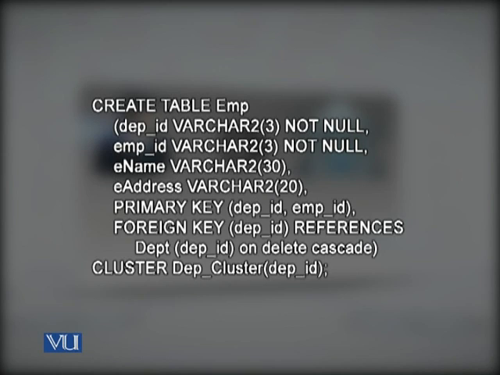So both of them use this department ID, and the key of the employee also contains the employee ID. And then you also define the department ID as a foreign key, so that you can only create the employee object that belongs to a particular department. At the end, you relate this table also with the cluster. So what you have done: you have defined the cluster, secondly you define the containing object table, and thirdly you define the contained object table.